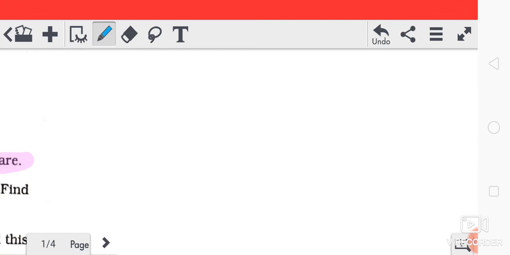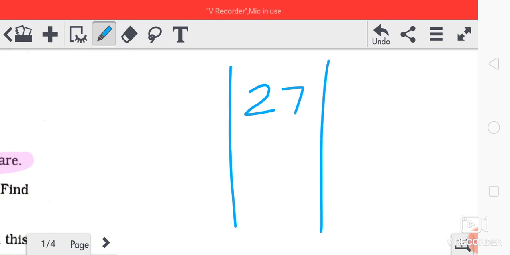Suppose a number is 27, and I ask you what number we should subtract from 27 so that it will become a perfect square. So we will find the square root.